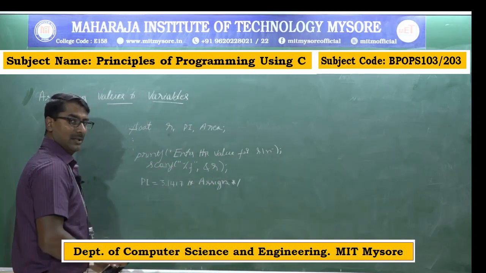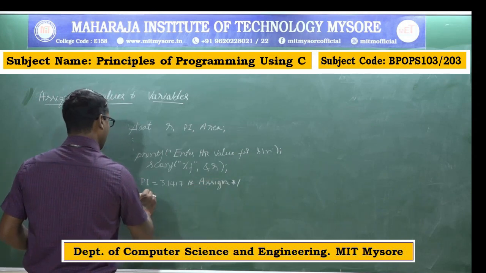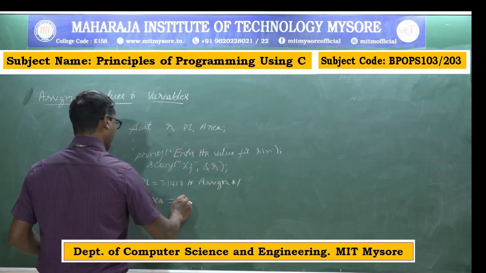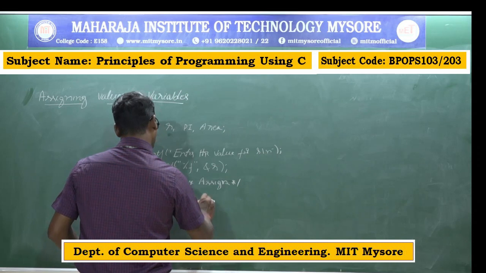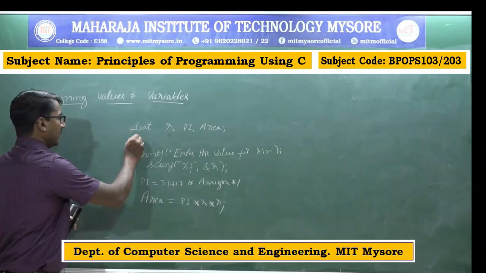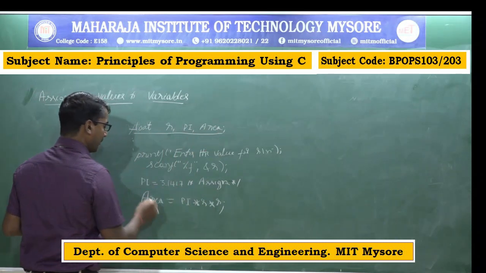Here I perform the assignment operation. Then I'll calculate area is equal to pi into R. So here I have declared the variables at the beginning of the program.